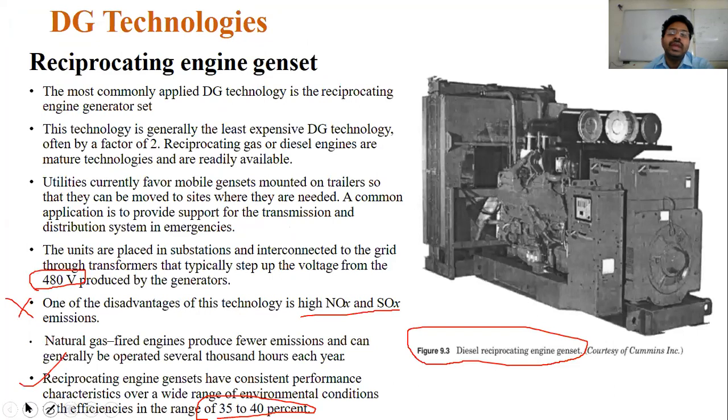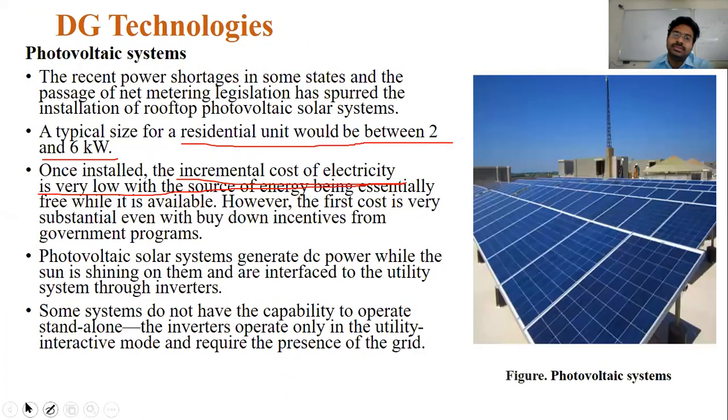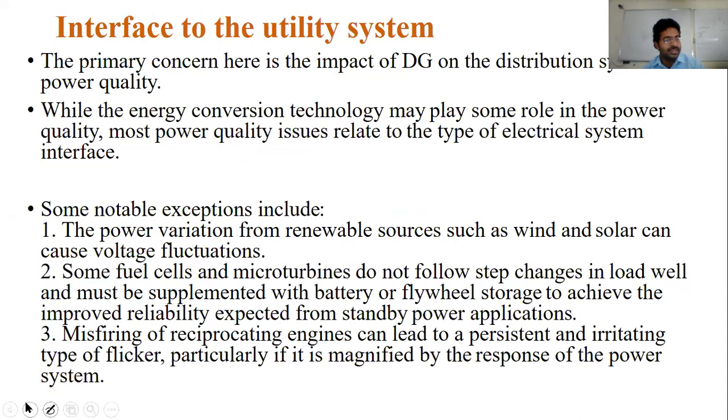We are already seeing these technologies. Now the question is where you can place these, or how to connect these different types, solar, photovoltaic, and fuel cells. How to interface these DGs to the system? What is the primary concern while interfacing DGs to the utility system or grid?